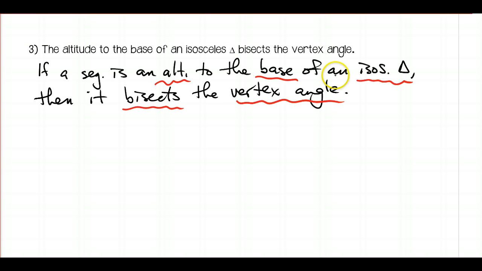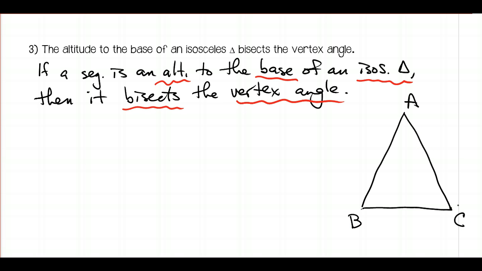Again, I've got an isosceles triangle in there somewhere, so whether we know it or we want to prove it, it's usually a good idea to start with a picture that looks sort of isosceles. We'll call it ABC. And we also need an altitude to the base, so it looks like BC is going to be our base, so I'm going to draw in a segment that goes here.